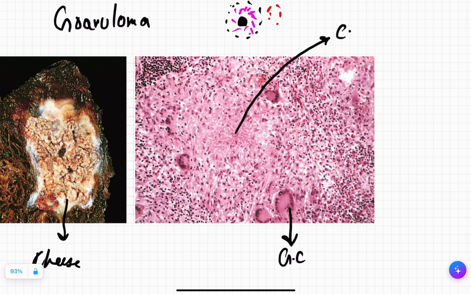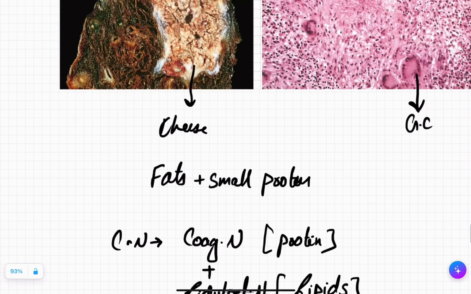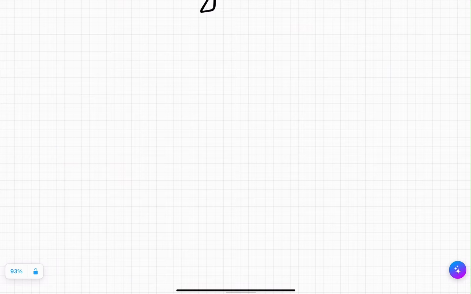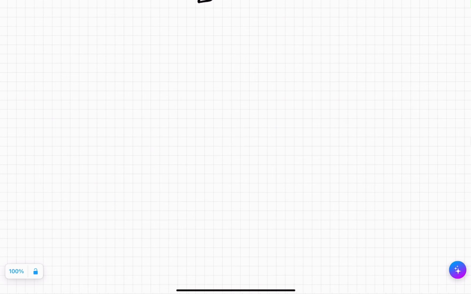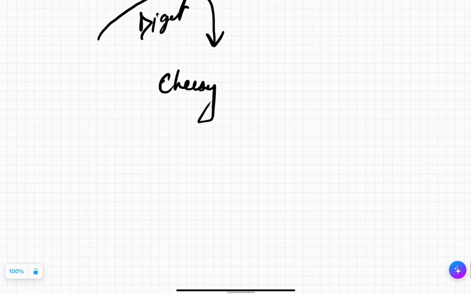This is the caseating central part. This is the collar of lymphocytes, and these are what? Epithelioid cells. So this is your caseating necrosis, a mixture of coagulative necrosis and liquefactive necrosis. Example is TB and fungal infections like coccidioidomycosis and histoplasmosis.